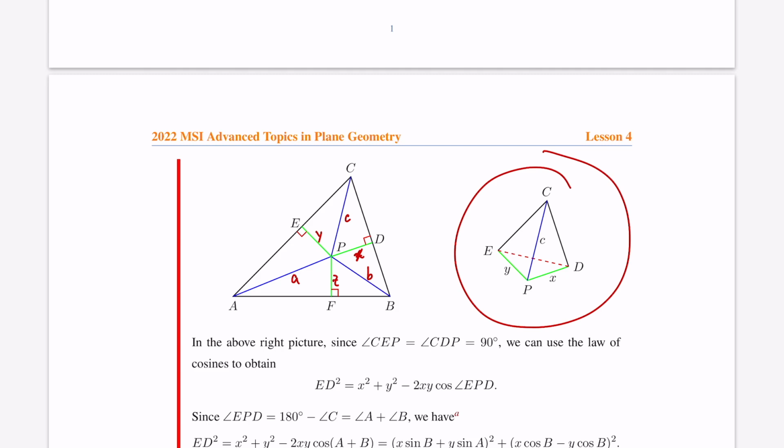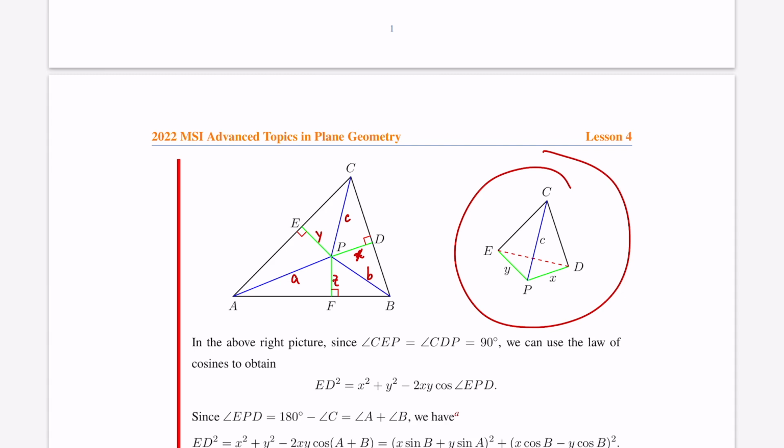In that order. Usually we name the distance from P to A to be a, P to B to be b, and P to C to be c. That's fine. But then the distance from P to BC, we usually name it x, the distance from P to CA, y, and the distance from P to AB, z. In that way, we can write the expressions in a more symmetric and systematic way.